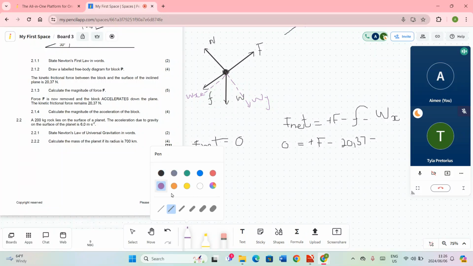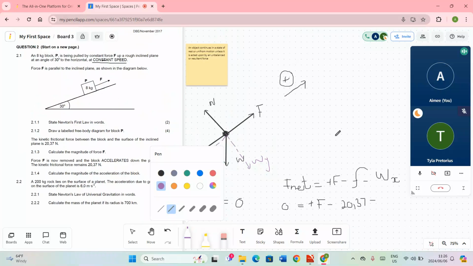So now we go back to our little drawing. Obviously, please remember, you're not allowed to draw components in on your free body diagram. I'm just doing it now because it's easier for me. But if you draw components in on your free body diagram, you will get 0. So you need to draw your free body diagram, and then for the next question, you need to draw another little copy of it that you can use to do your calculations on, okay?